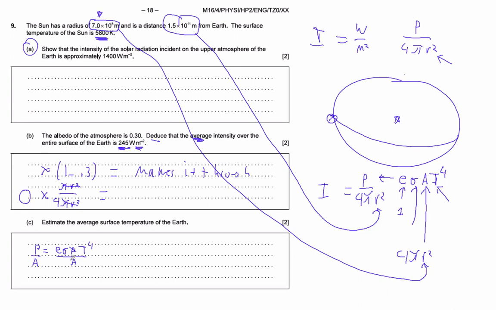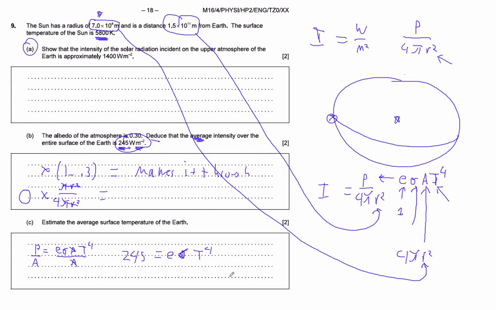So you take this power over area, which is 245, and that's going to equal E, which will be 1, times sigma, times temperature to the fourth, and you'll get a temperature of the Earth. I got one between 250 and 260 kelvins.